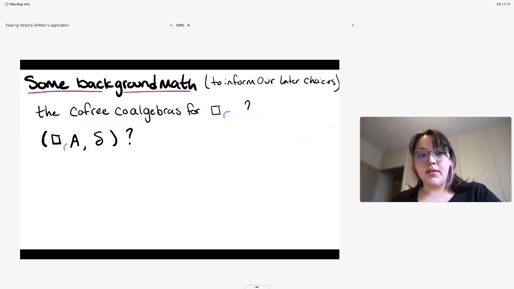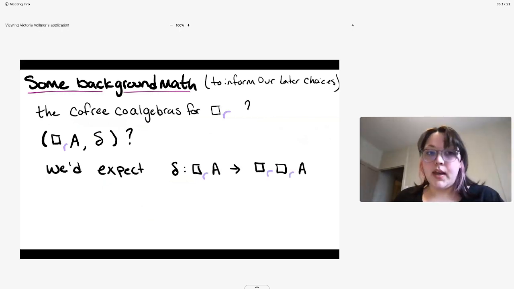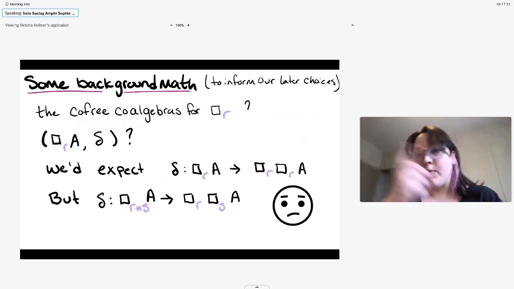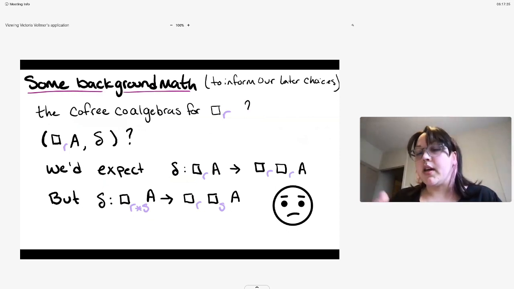We'd think that the free coalgebras would look like this: box R, A, and delta. And we'd expect that delta would have this type where it takes box RA to box RA. But we saw in the previous slide that it doesn't have this multiplication aspect. So this would only work if our multiplication, R times R, was always R, which isn't true, because we're being very general, you can use any algebra.